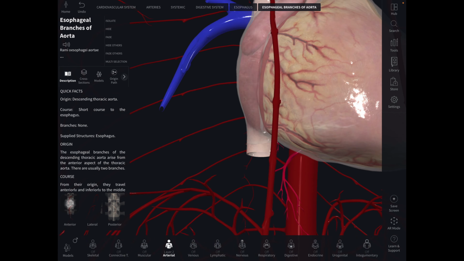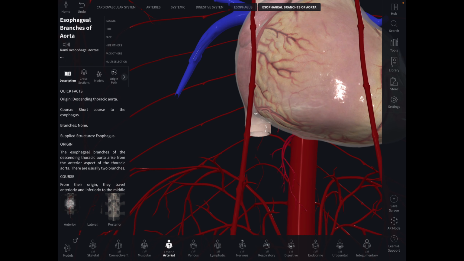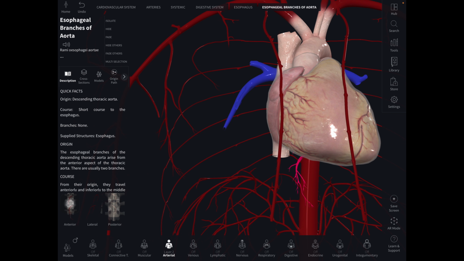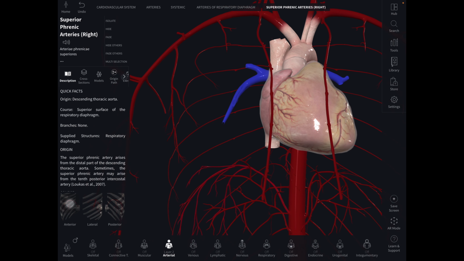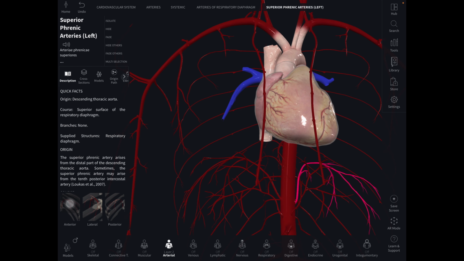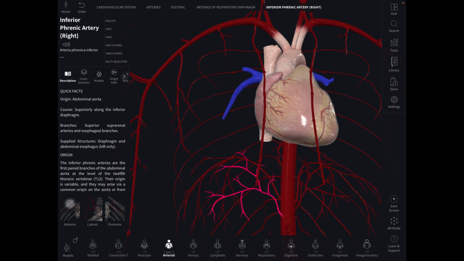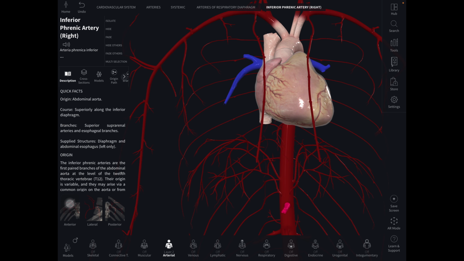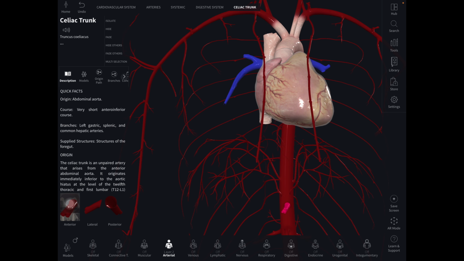As we move down through the diaphragm, right after the diaphragm, there's some major arteries. Phrenic artery is going to supply blood to the diaphragm. So this is actually still part of the thoracic arteries. But as we branch just below, the inferior wall of the diaphragm, we have something called the celiac trunk.